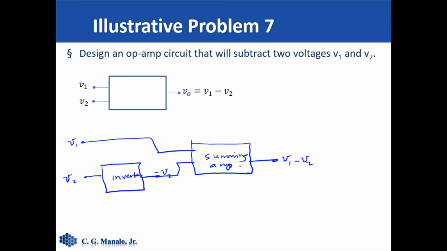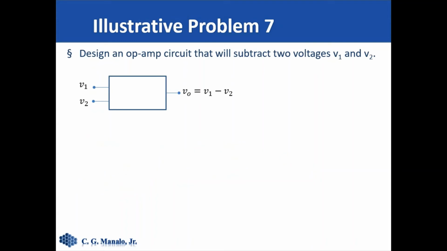Okay. Now for the inverter, let me do this on another page. For the inverter, we can use the inverting amplifier that we have discussed a while ago. So the inverting amplifier would probably look like this.